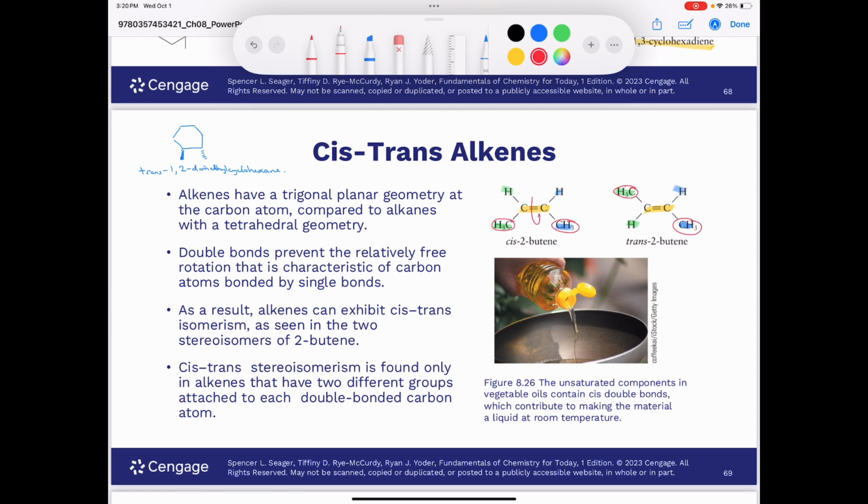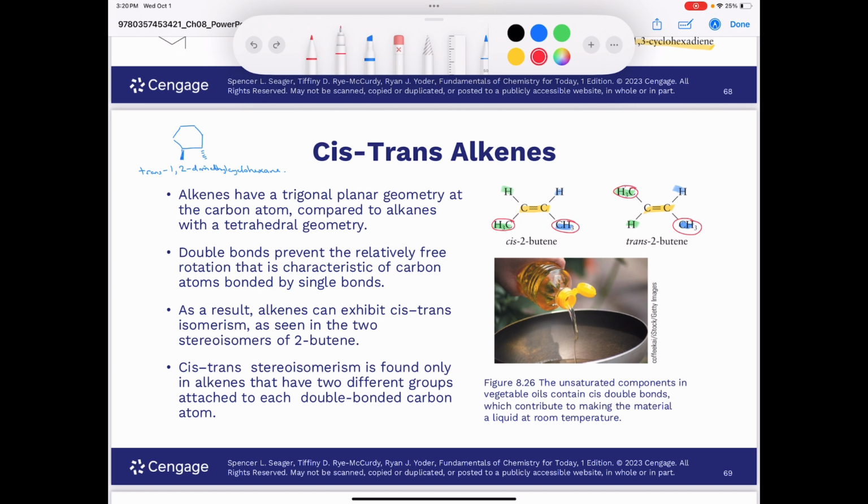And keep in mind, you can't rotate around a double bond, and so they're locked in these conformations. The one where the two methyl groups are on the same side of the carbon-carbon double bond, we call that cis, for same. And the one where the two methyl groups are on opposite sides, we call that the trans isomer.